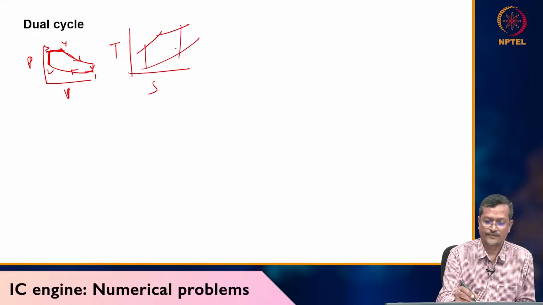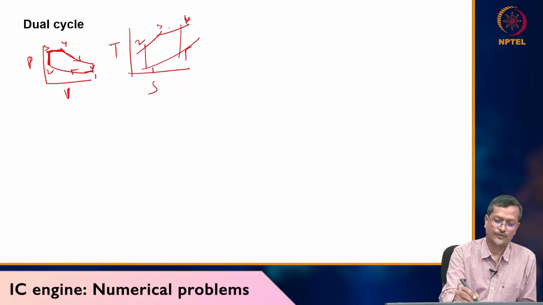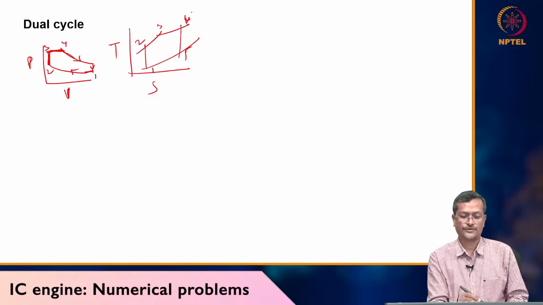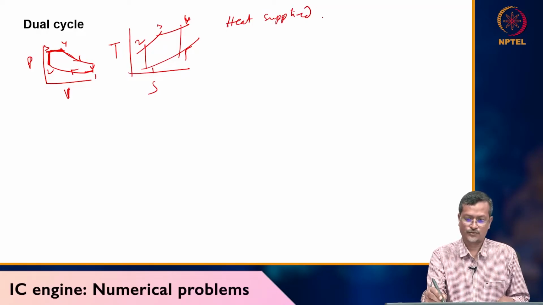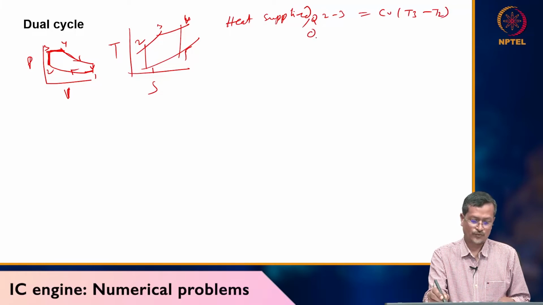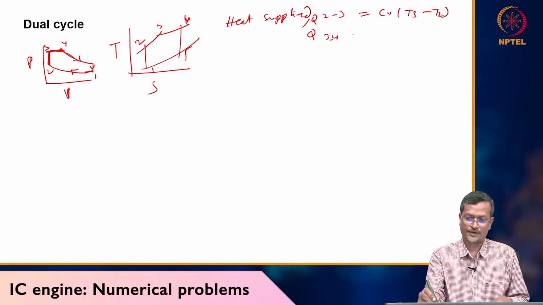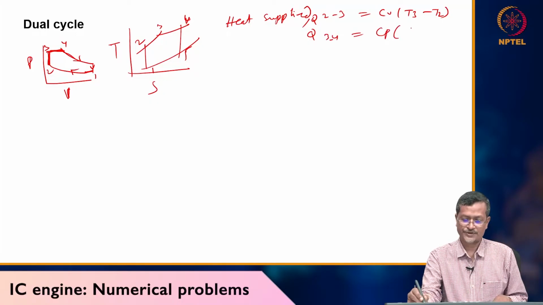Okay, vertical, 1, 2, 3, 4, 5. Heat addition is happening from 2 to 3 and 3 to 4. So heat supplied Q2-3 equals CV (T3 minus T2). Q3-4, heat supplied at constant pressure process, equals CP (T4 minus T3).